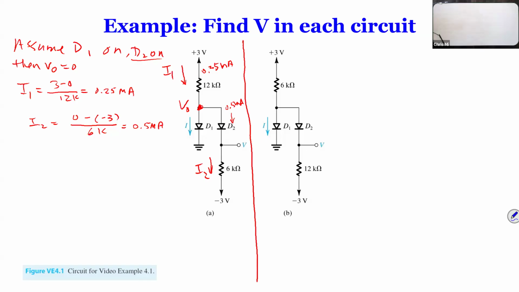He said you have to have some current through D1 flowing out to make up that 0.25, right? You guys agree? We have more current coming out of the node than the current coming into the node. If we assume D1 is conducting, the current should flow this way, up. That means your assumption is wrong, so we have to redo it.